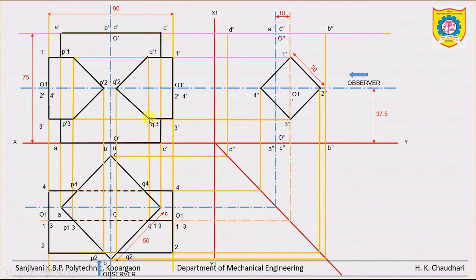Clear. So now see this edge, that means the edge joining this point number 2 on the left face up to P2. It is thick and it is the frontmost line or frontmost edge of this horizontal prism. So we can make it thick.